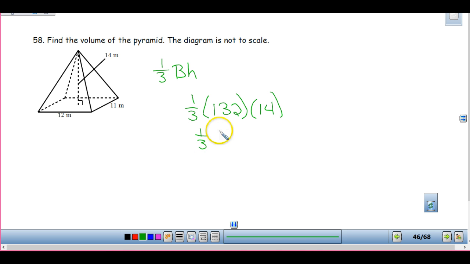So 1/3 times 1848. So in your calculator you can either take 1848 times and then put 1/3 in parentheses, so parenthesis 1 divided by 3, or you can just take 1848 and divide it by 3. You end up getting 616 meters cubed for your volume of that pyramid.